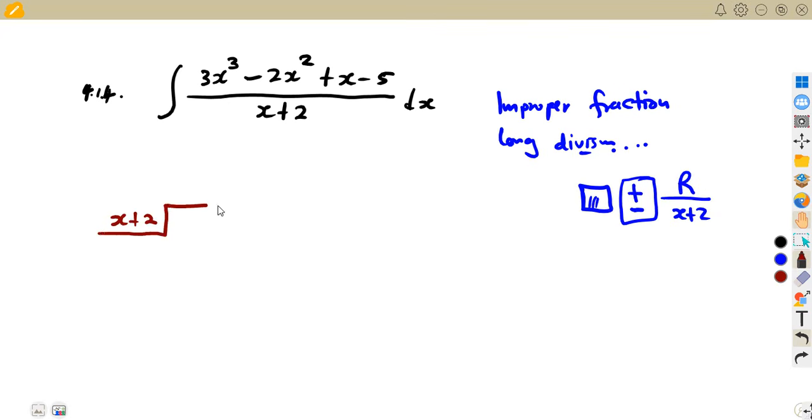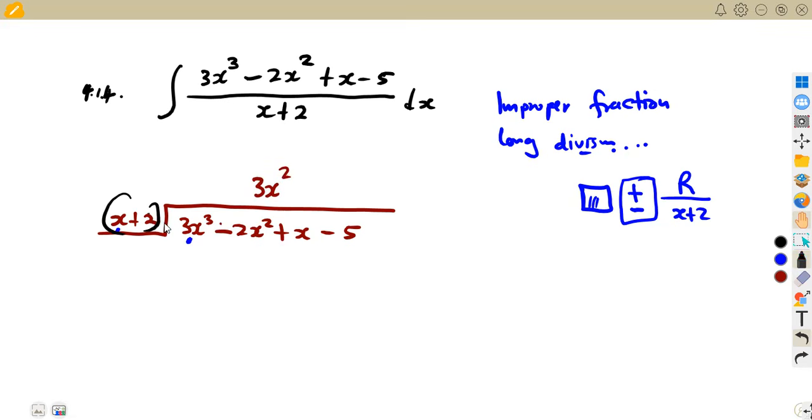X plus 2 is going to be divided into 3x cubed minus 2x squared plus x minus 5. So remember, on your division, always you start by dividing the first term versus the first term. So 3x cubed divided by x is going to give us 3x squared. Whatever that you get here, 3x squared, you have to multiply everything here.